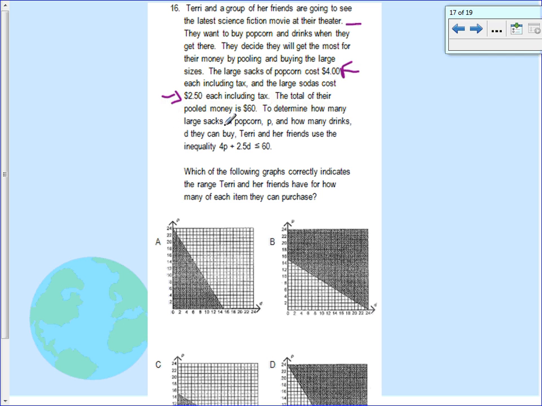To determine how many large sacks of popcorn P and how many drinks D they can buy, Terry and her friends use the inequality 4P plus 2.5D is less than or equal to 60. Which of the following graphs correctly indicate the range Terry and her friends have for how many of each item they can purchase? What I would do is I would solve for D, okay?